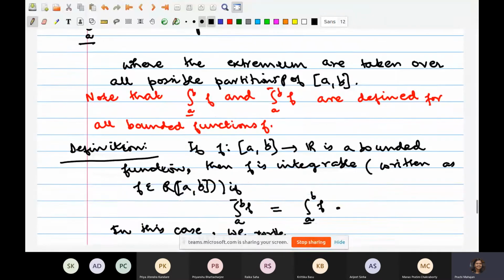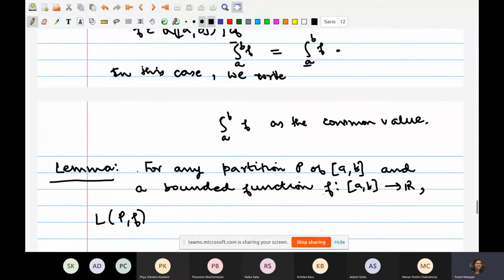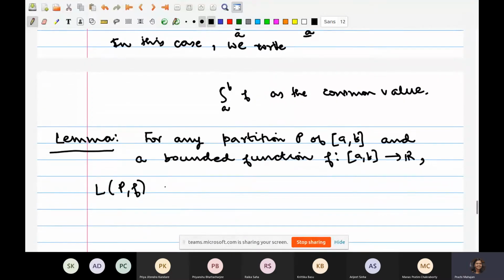Which means that if you fix one partition, just by the definition of the supremum, this inequality is always true: the lower Riemann integral of f is always bounded below by the lower sum, correct? And similarly, the upper integral is always bounded above by the upper sum.